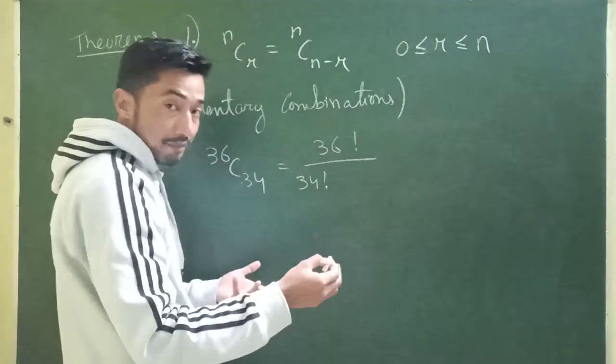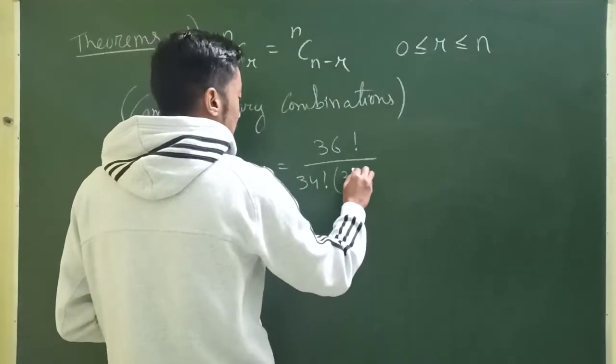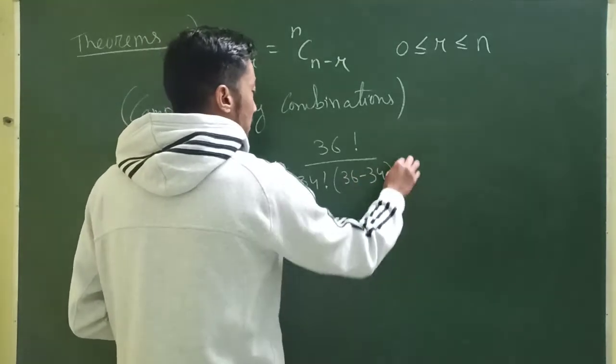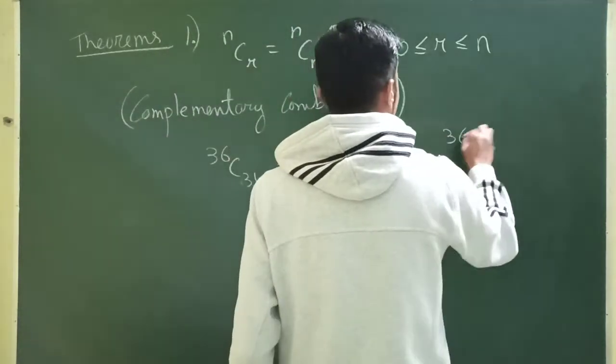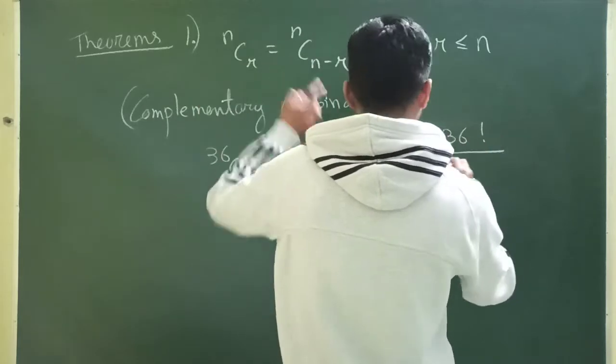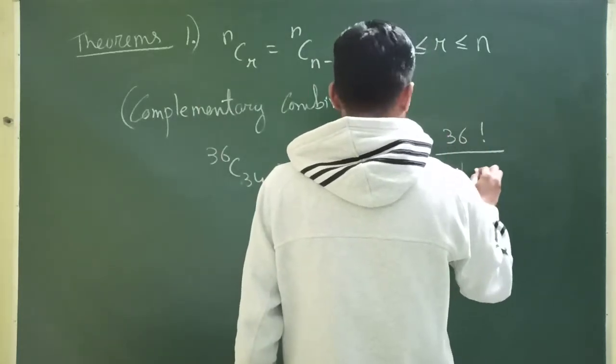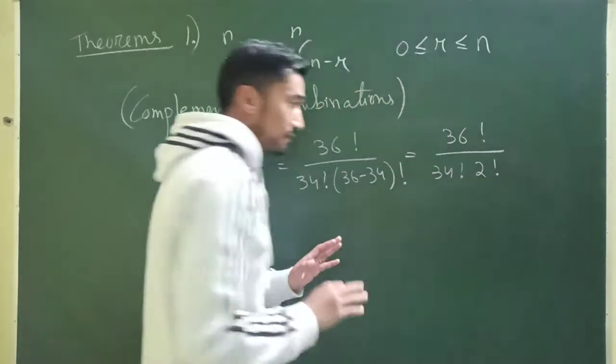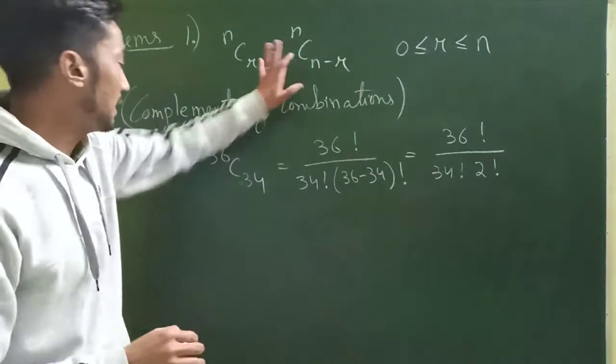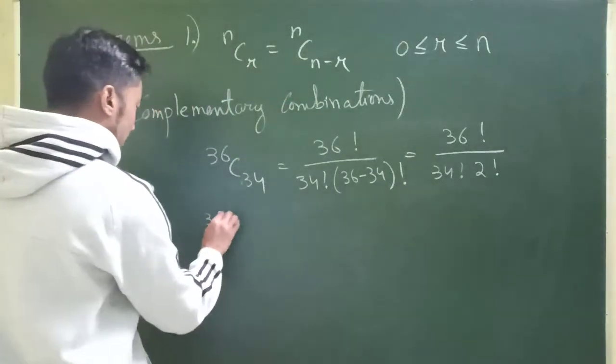Either way it's the same. But when we start using the shortcut trick which I will be giving you, then this formula becomes very handy. So that is 34 factorial into 2 factorial.